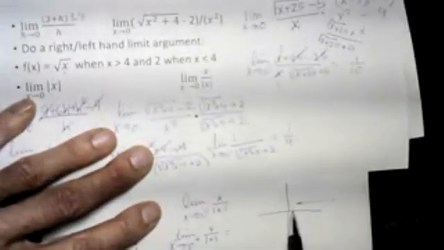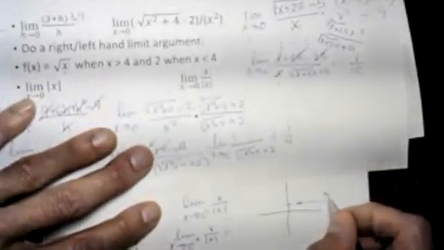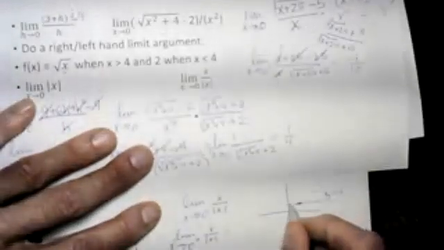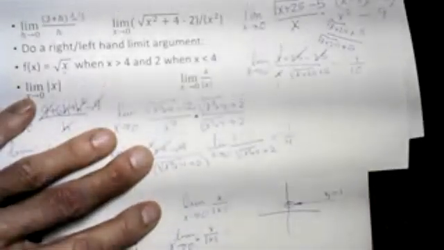I have 5 over the absolute value of 5, which is 5 over 5. I have 4 over 4, 3 over 3, 2 over 2, 1 over 1. It can't be 0, but I know they're all the same numbers. They're going to divide, and it's the line y equals 1. It comes in here, and there's an open circle because we can't put 0 in.